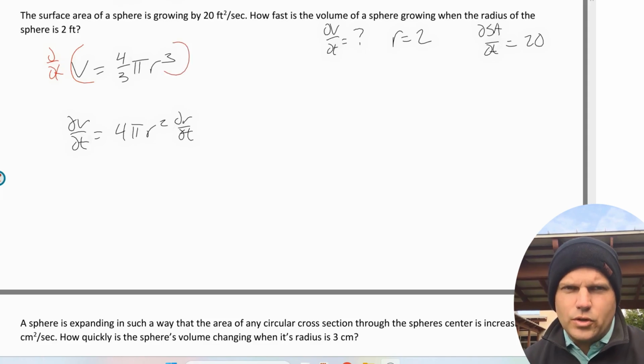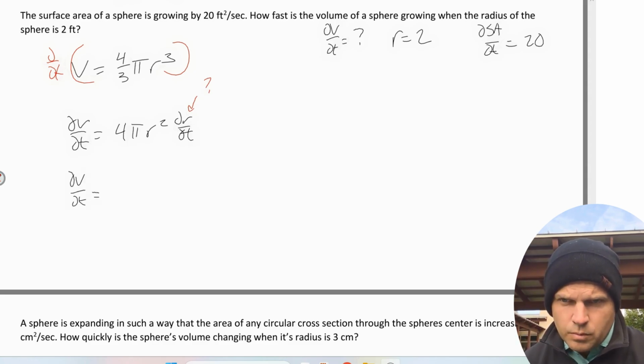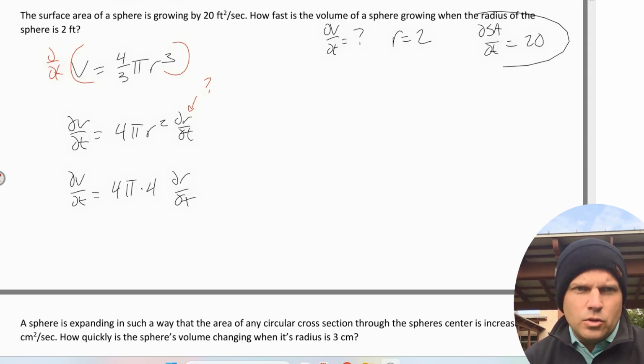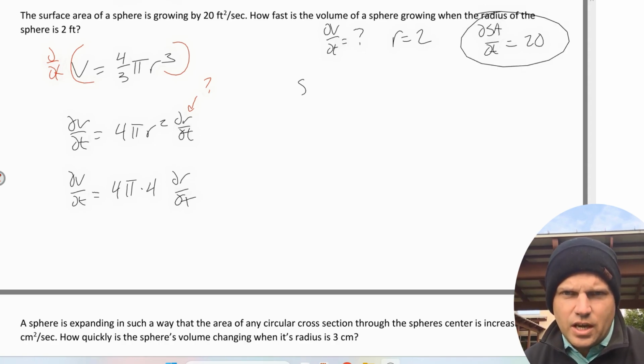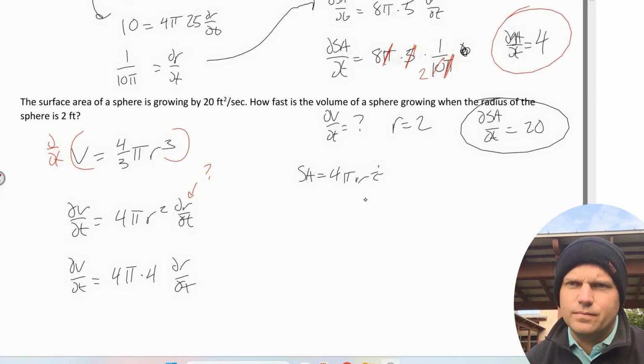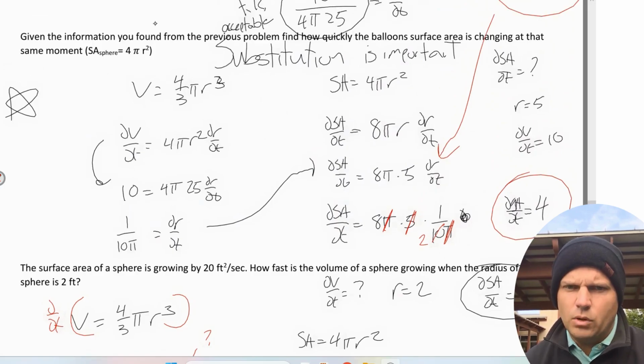You are not told how quickly the radius is changing. You're told everything else, but we're going to have to find it. How are we going to find that? Using this information and using our surface area formula, which is 4 pi r squared. Boom.